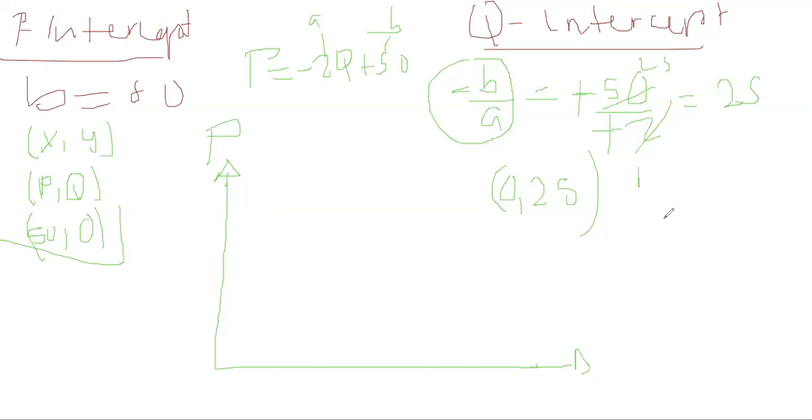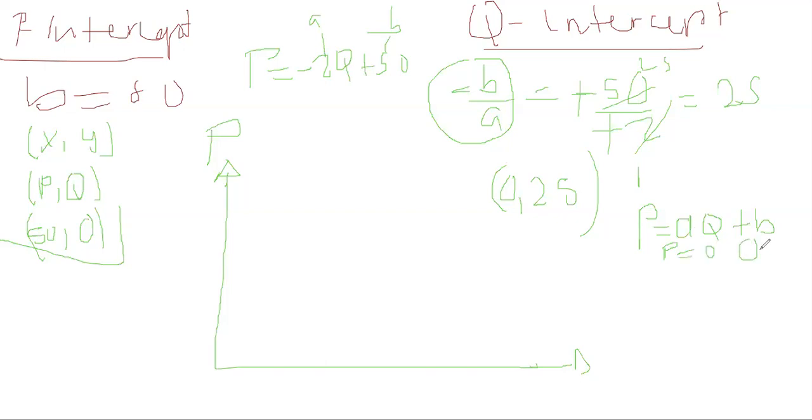If you don't just want to use it blindly, remember this was the general case: p equals a times q plus b. So we want to find the q-intercept. And if you want to find the q-intercept, this is what you should ask. It just means if price is 0, what will be the value of q?